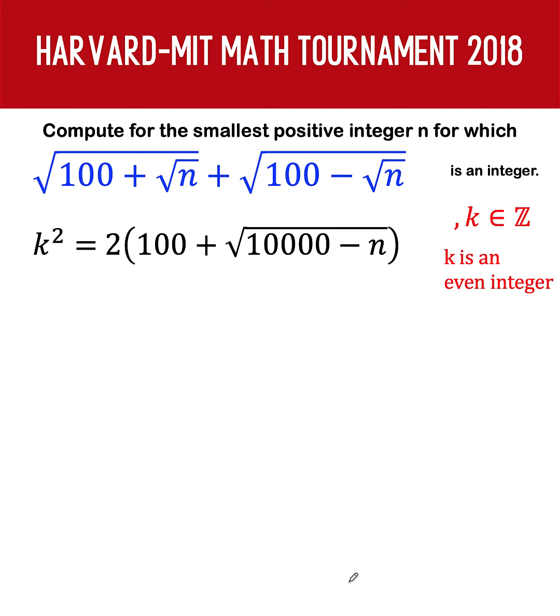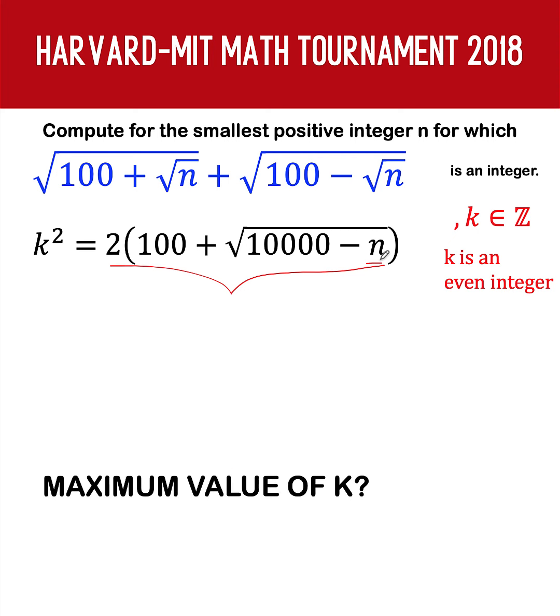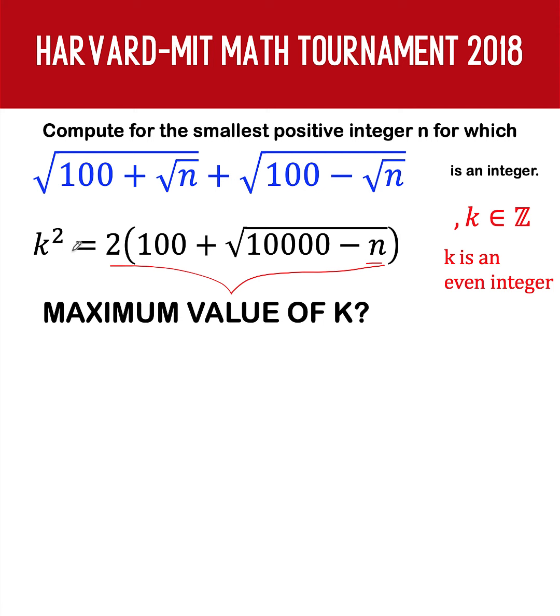So let's remember these results. Let's establish the boundaries. We want the smallest positive integer, and 0 is not part of that, but 0 can serve in computing for the boundaries of the value of this expression. That is because if we let n to be equal to 0, then this expression where n is equal to 0 must give us the maximum value of k squared and therefore the maximum value of k.